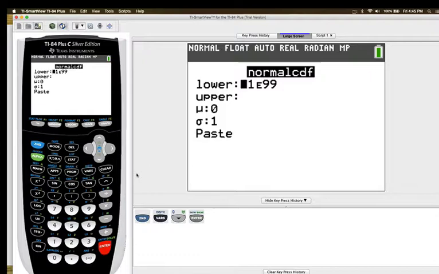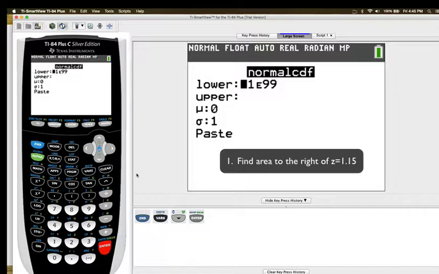So in this problem, we have a z-score that is 1.15, and we want to find the area to the right of that z-score. So what we need is an upper bound and a lower bound, and my lower bound for an area to the right is actually the number, so we enter 1.15.